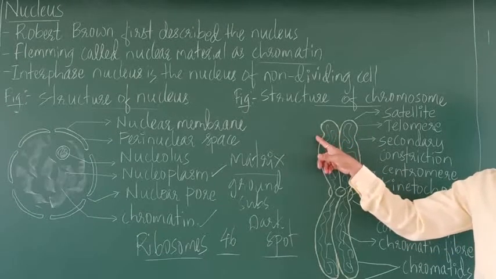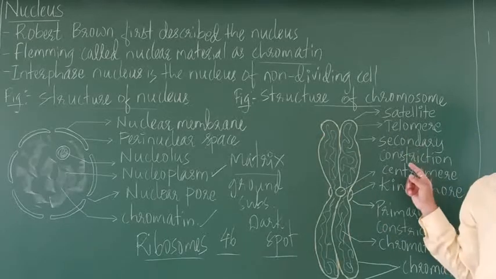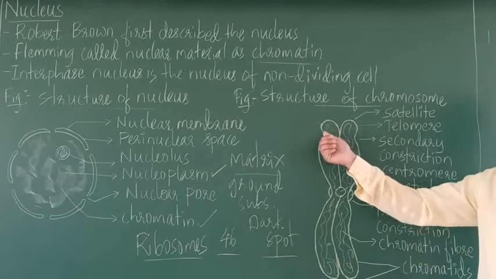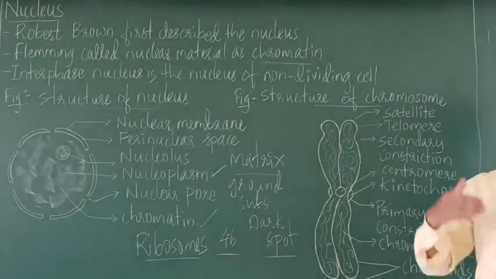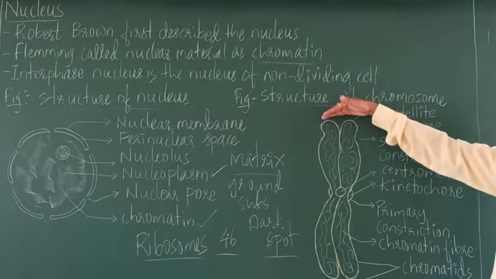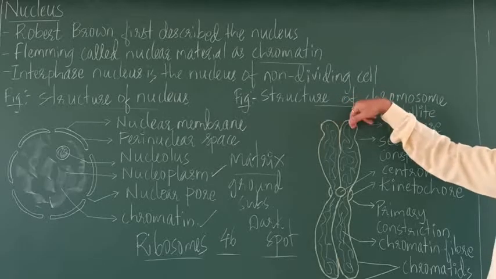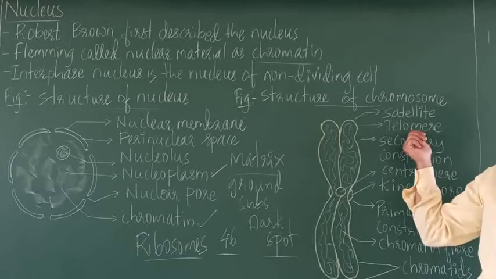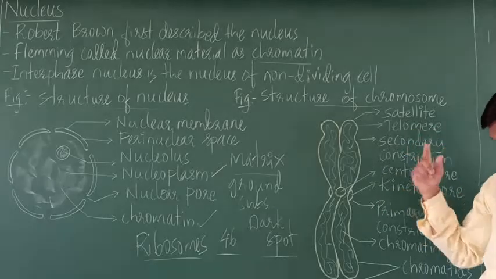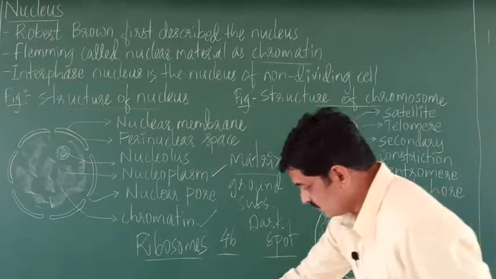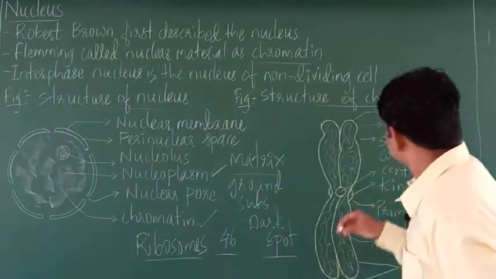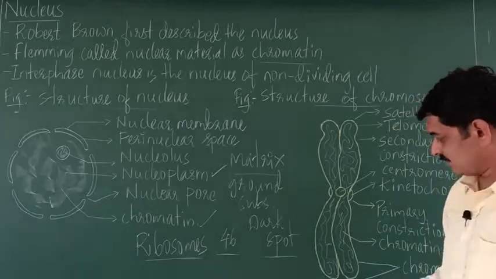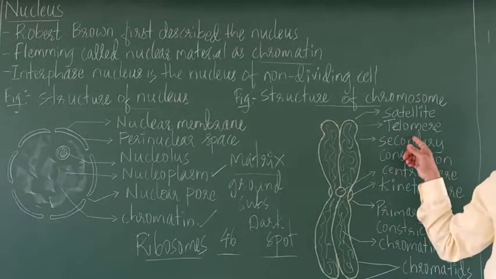This forms the secondary constriction. The tip of the chromosome, the terminal end or apex, is called the telomere.